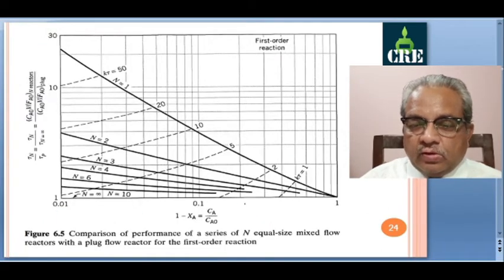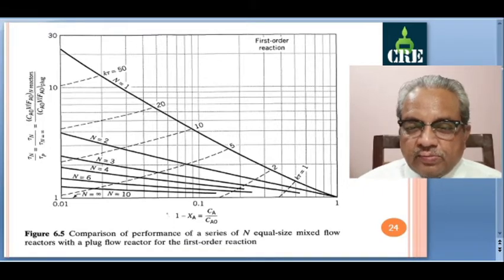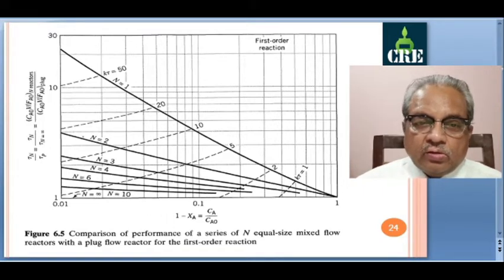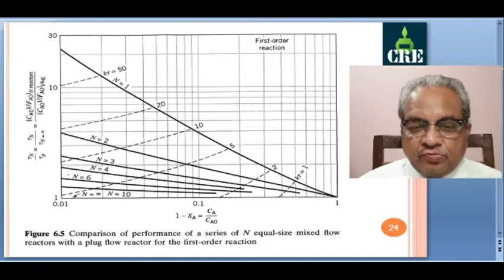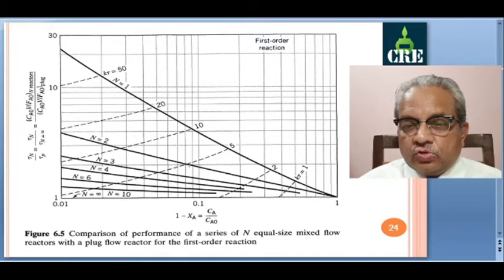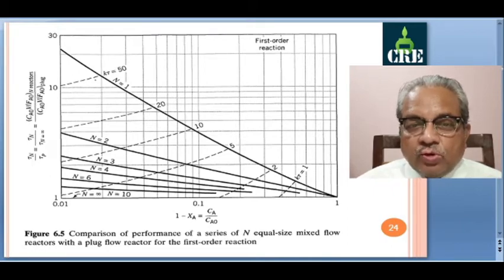Okay, now we'll see these two figures comparison. Here again 1 minus xa, log scale you have here, tau n by tau p. This is n mixed flow reactors in series and when n tends to infinity. So you can see for n is equal to 1, this is the curve representing n is equal to 1.